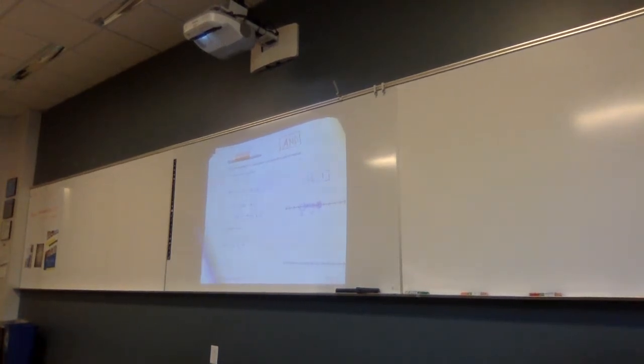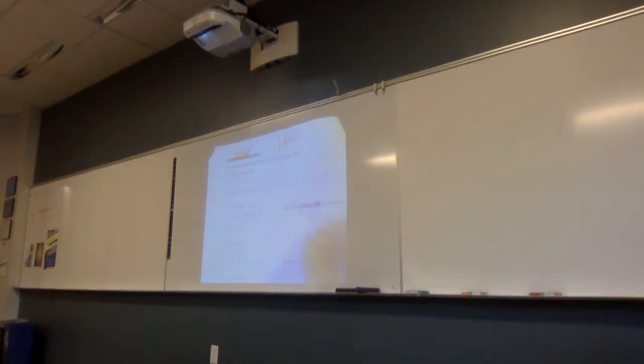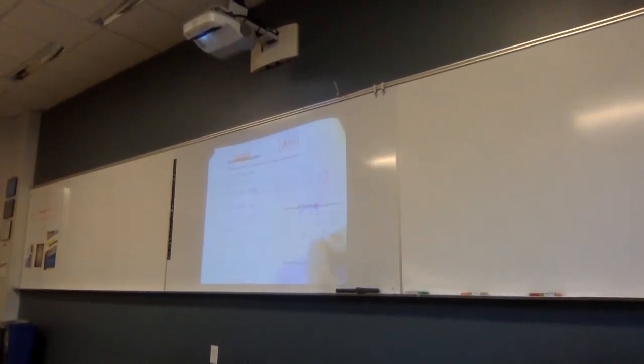I'm still going to try to isolate that little x by dividing every component by 2. That again is going to give me -2 is less than x is less than or equal to 1. I get the same answer. It is beautiful.